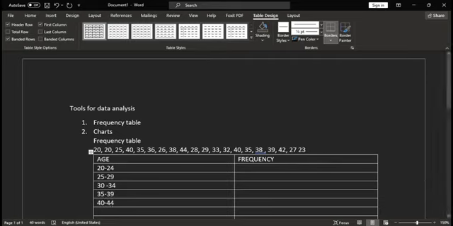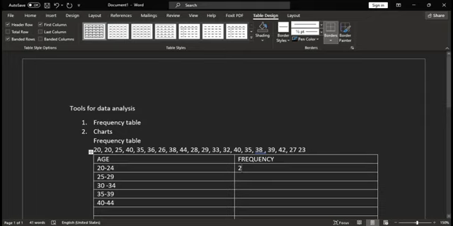Okay, now looking at this 20 to 24, you pick the ages that fall within this range. Here you have 20, that is 1, 20, that is 2. For 20 to 24, you have just 2, frequency of 2.